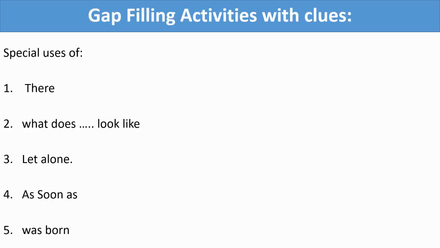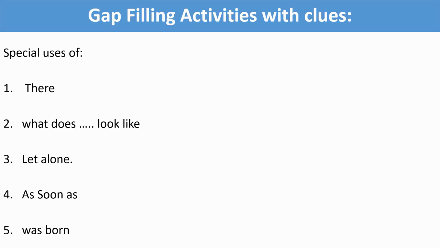Gap filling activities with clues. You have to complete 10 sentences with clues. The clues are usually given in your question paper, and you have to use these clues in the gap.